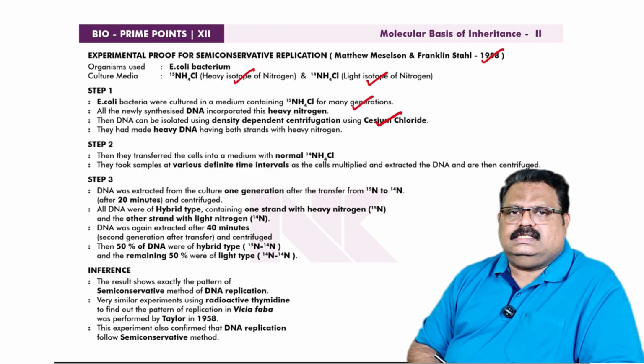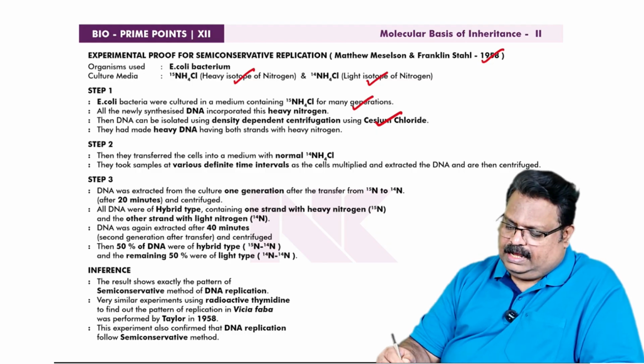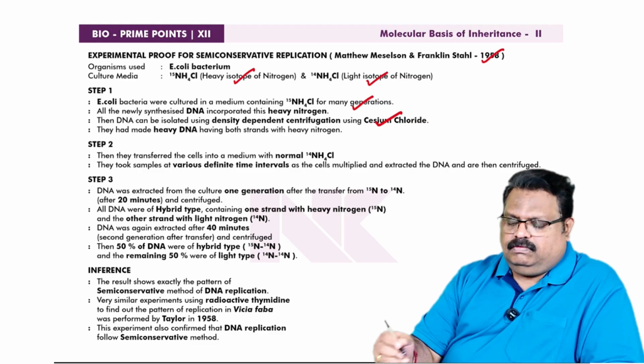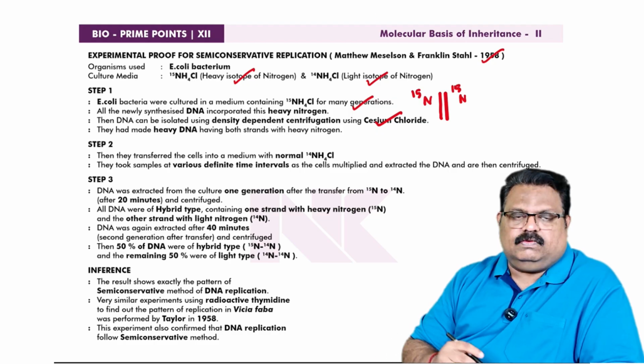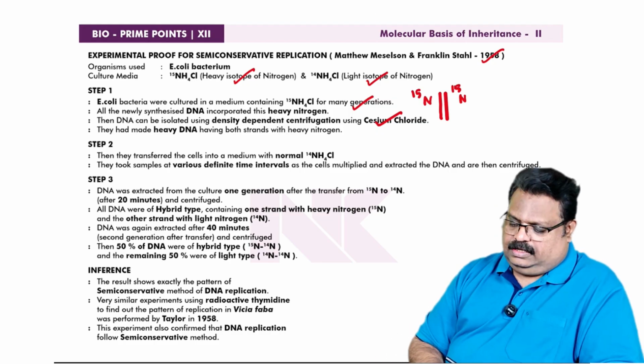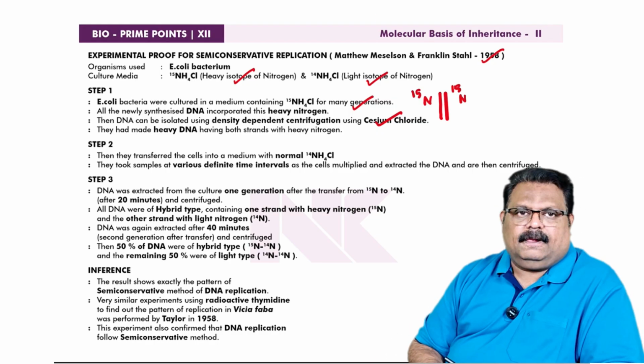Normally, the DNA is N14, that is called light DNA, but they converted that light DNA into heavy DNA. That means in the heavy DNA, N15 will be there. So here will be N15, here also N15. Both strands were having heavy nitrogen. That is called N15 and 15.